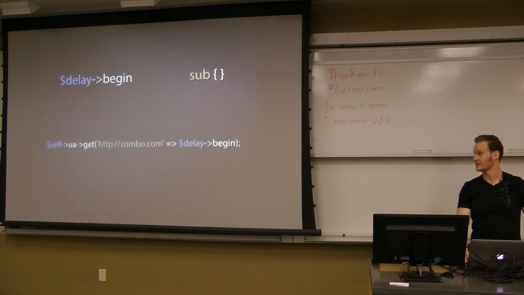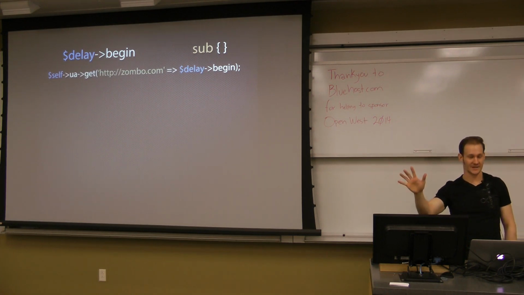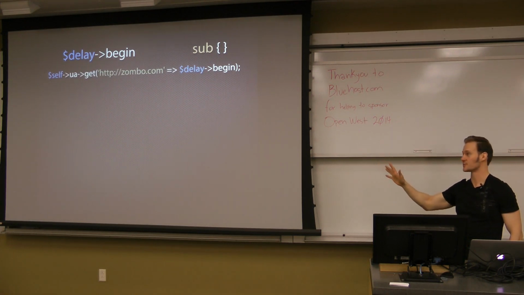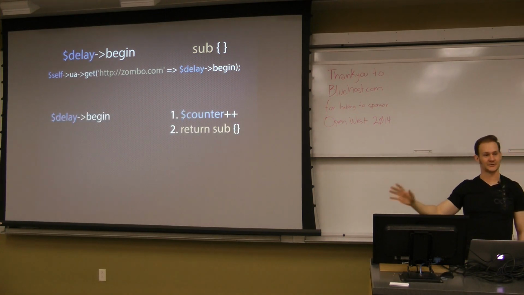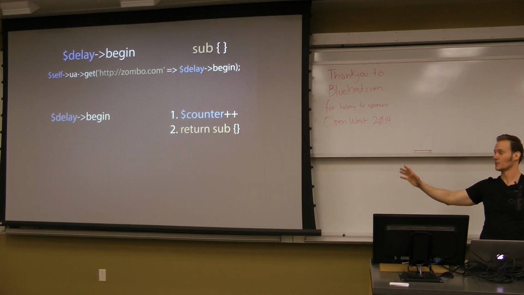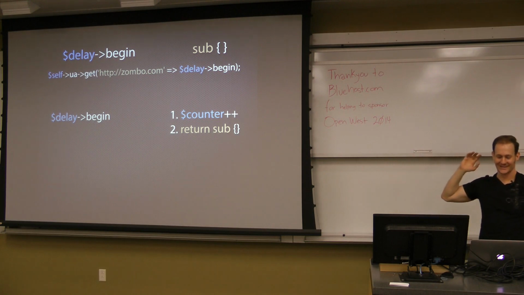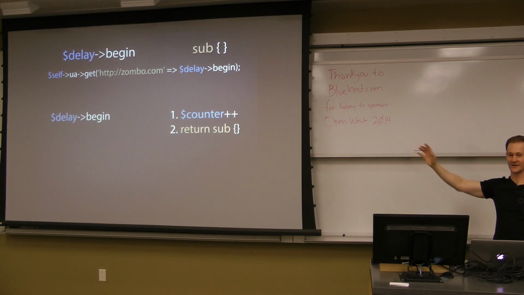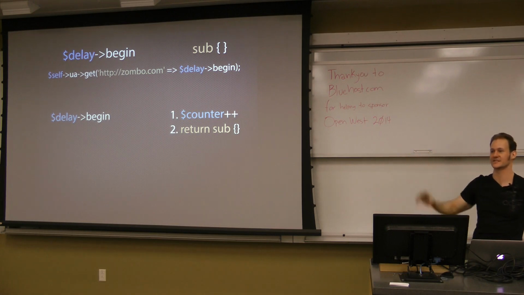Well, this is crazy. So stay with me here. Again, this is very simple, but the implications are powerful. Begin increments a counter. It's not very hard. Well, it counts. That's awesome. So it increments a counter. Again, the actual implementation is a little bit more complex than this, but this is essentially what it's doing.